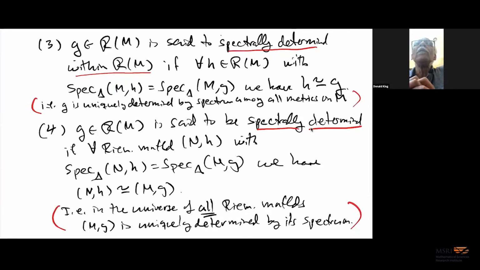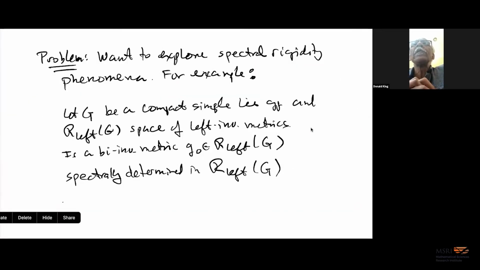And so I'm particularly interested in situations where you have a manifold that has the Riemannian metric, but that also has a group action under which the metric is preserved. And there are many examples of such. In particular, one is having a compact simple Lie group itself.